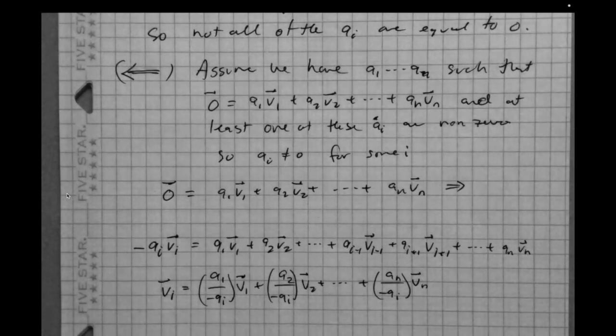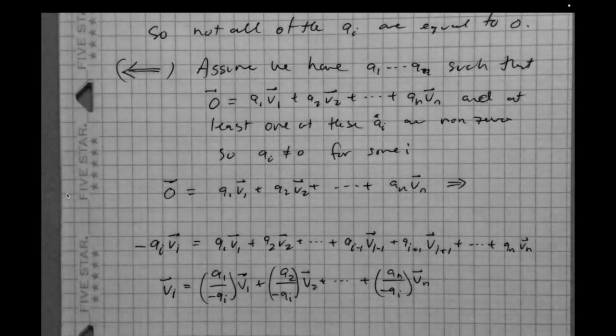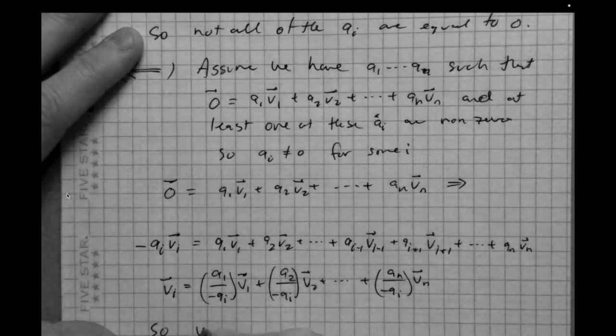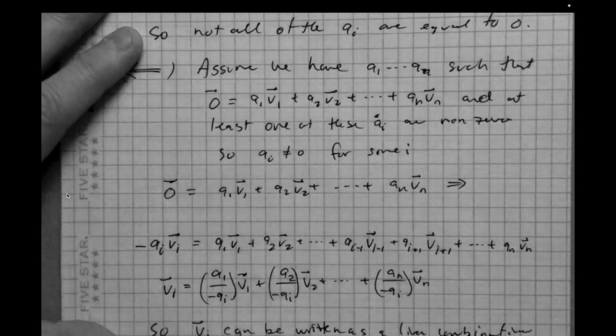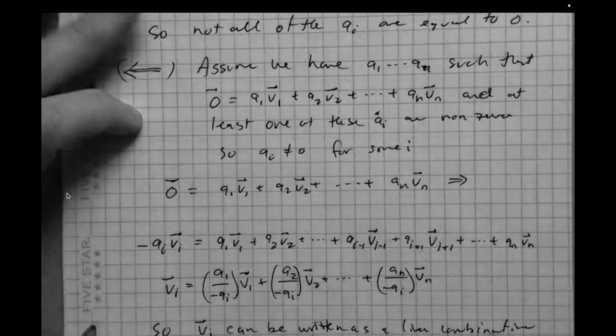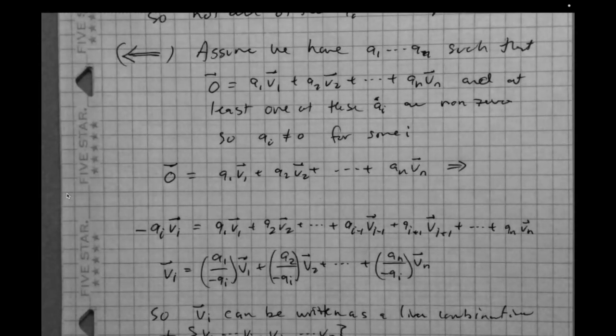So what does this mean? It means vi can be written as a linear combination, specifically of v1 ... vi minus 1, vi plus 1 ... vn.